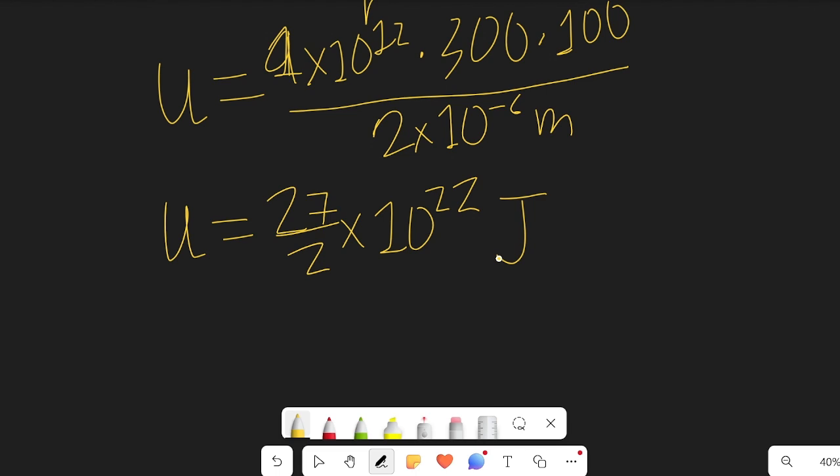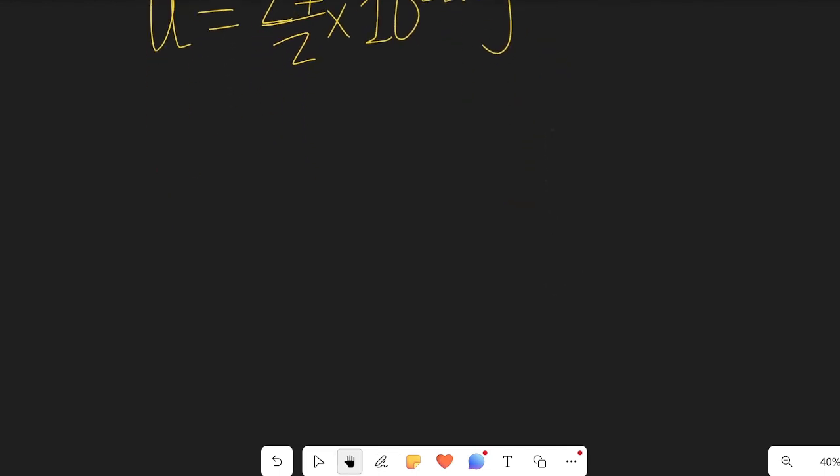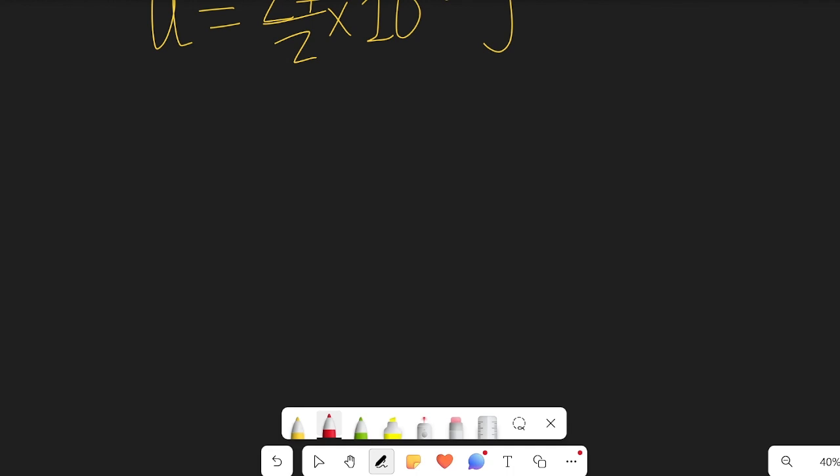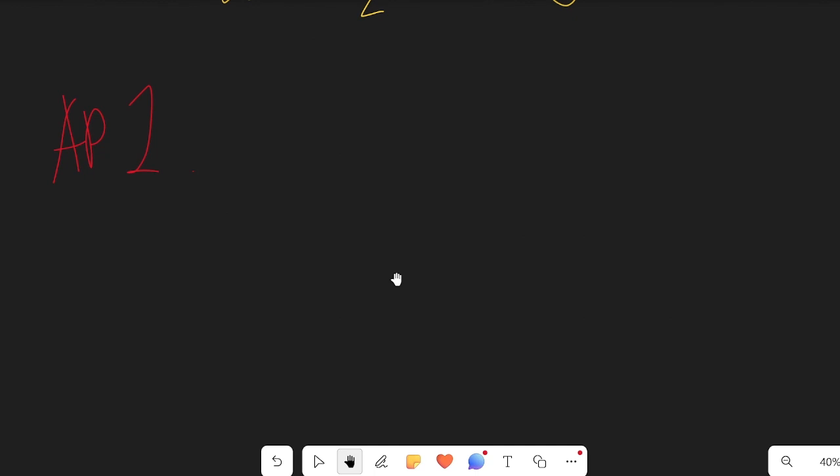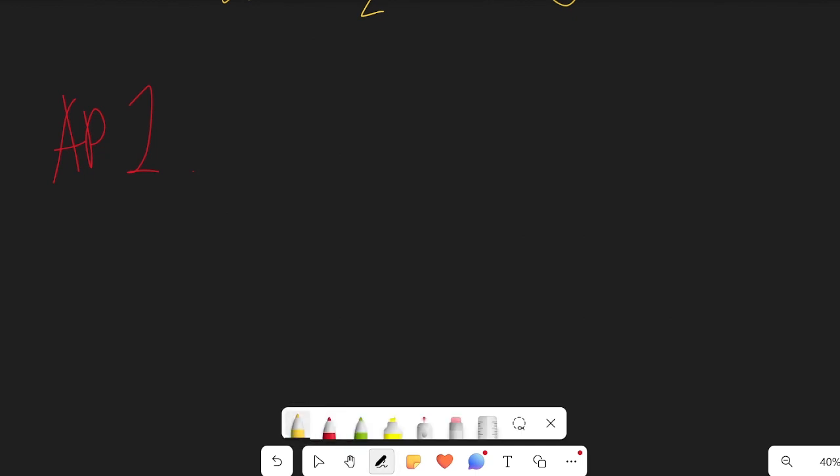Let's start with this problem. This is from the 2018 test, I believe, but actually, this will be AP 1, our first AP question. Essentially what they did is they gave you a graph, like so.